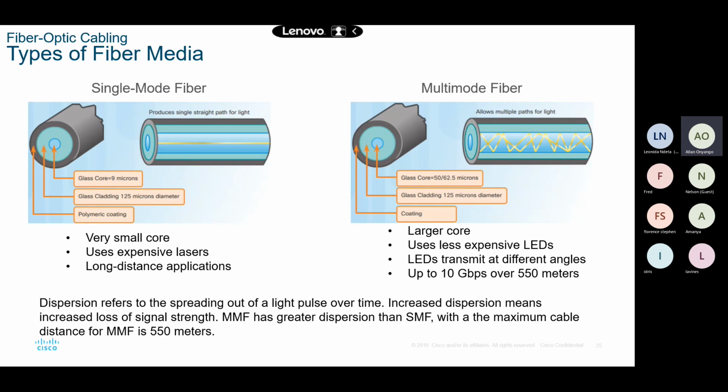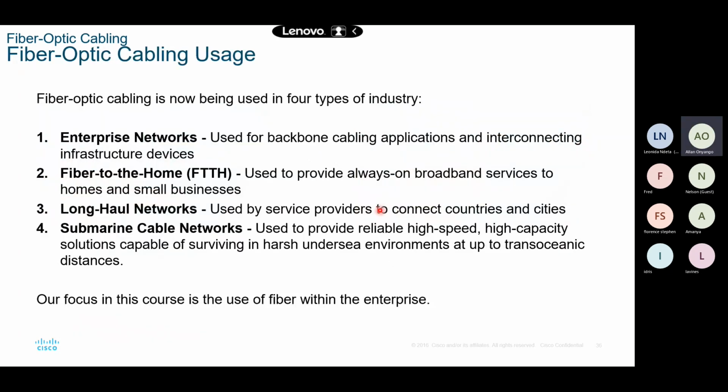Okay. Now, where do you use fiber optic cable? Fiber optic cable can be used within enterprise networks. Look at Safaricom, for example, it's an enterprise network. So for backbone cabling and interconnecting different infrastructures within a bigger organization.